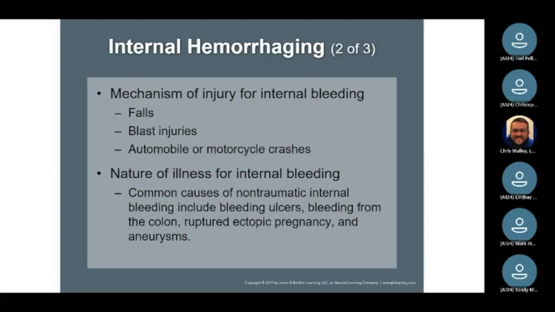Going back up here, talking about the mechanism of injury real fast. About a year or so ago, I ran a call down one of our major highways, and it was MVC versus tree.